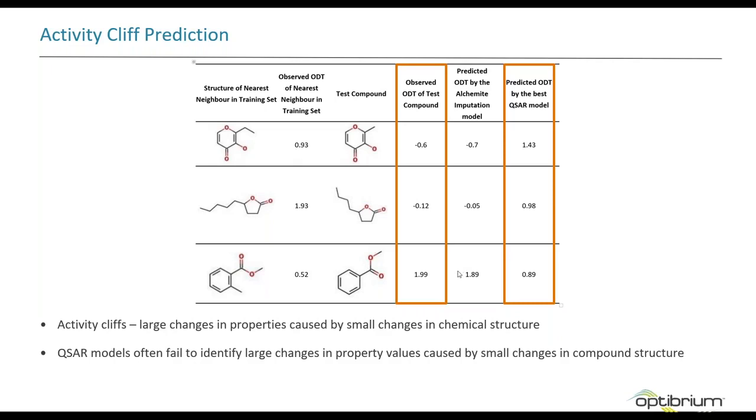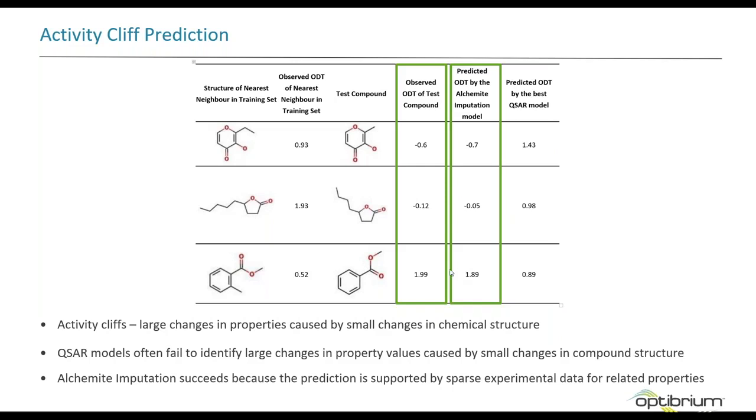Whereas if we compare the predicted value by the Alchemite imputation model to the actual observed ODT value of the test compounds, they are quite similar. Which means that there is a much smaller error in the predicted value by the imputation model in comparison to the best QSAR model for these activity cliffs.